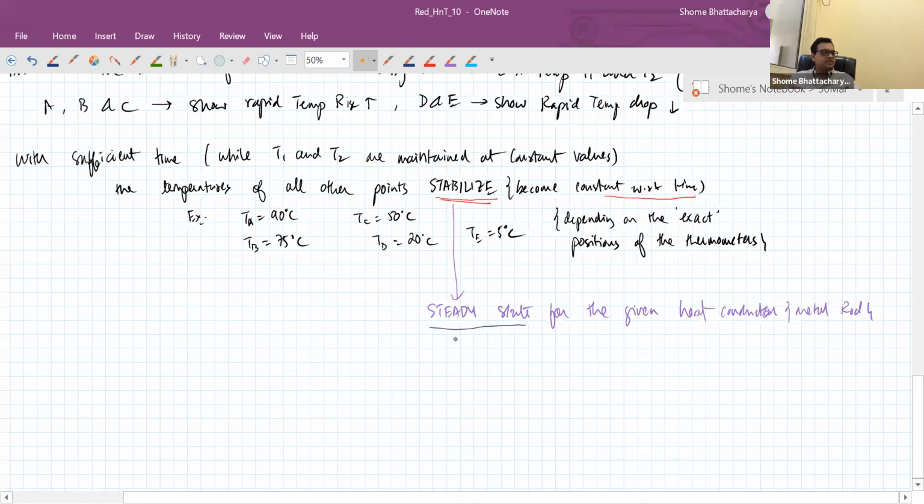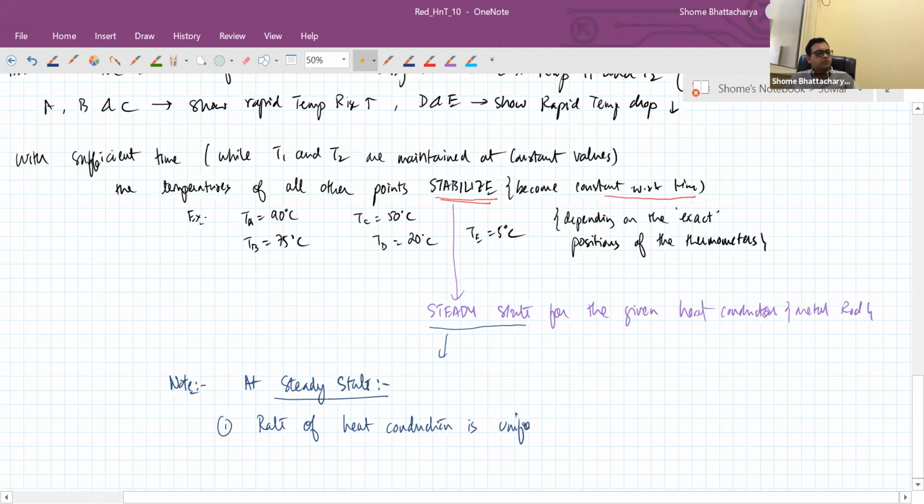So at steady state, first of all, the rate of heat conduction is uniform in the rod or conductor. How can we say that? I'll explain in a moment.